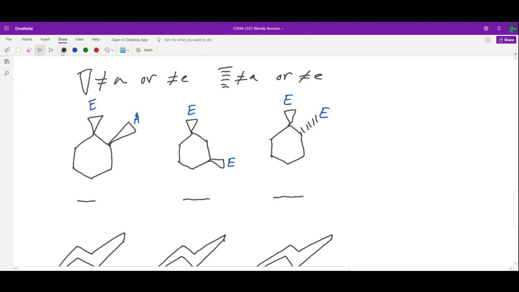And again, I'm using this template where if they're all wedges, and if my problem has dashes, I simply just flip whatever it is.